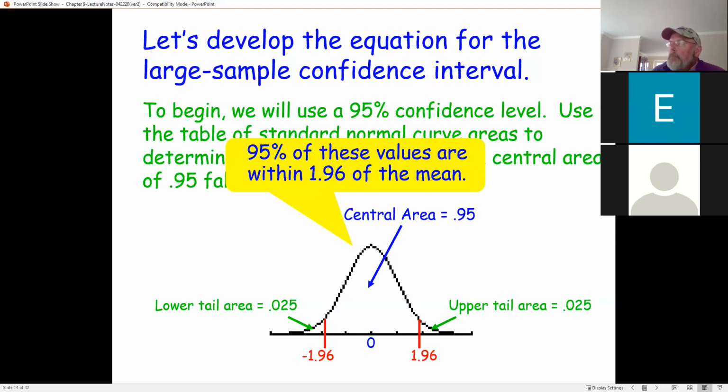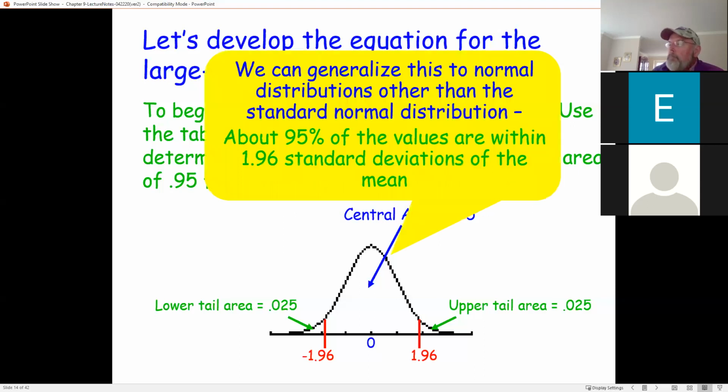About 95% of the values are within 1.96 standard deviations away from the mean on the low end and on the high end. Questions?